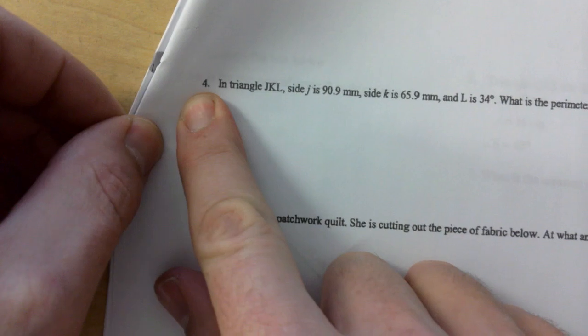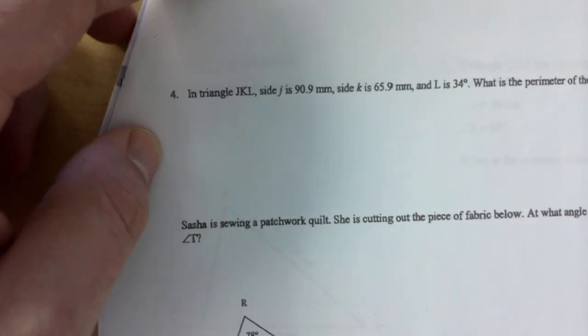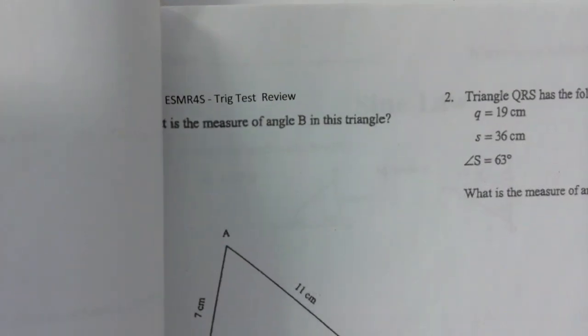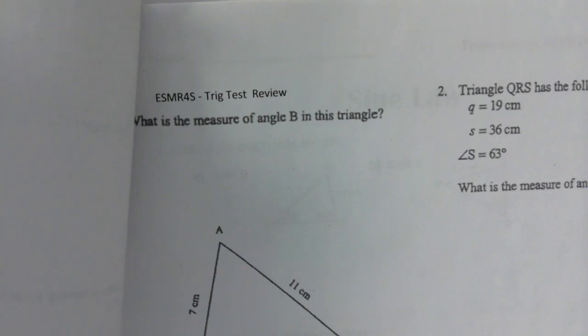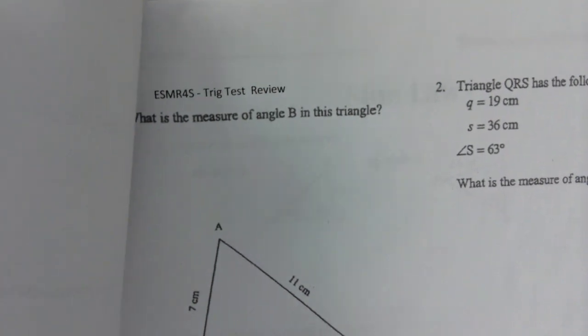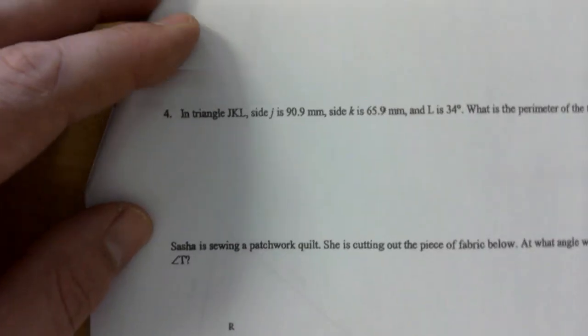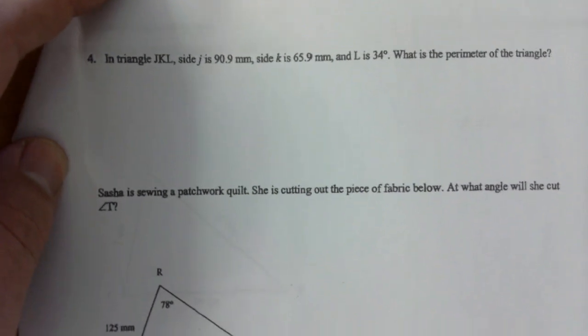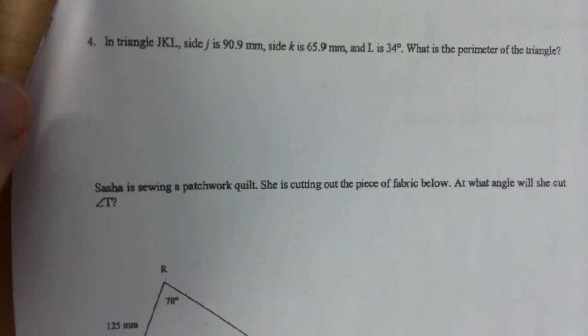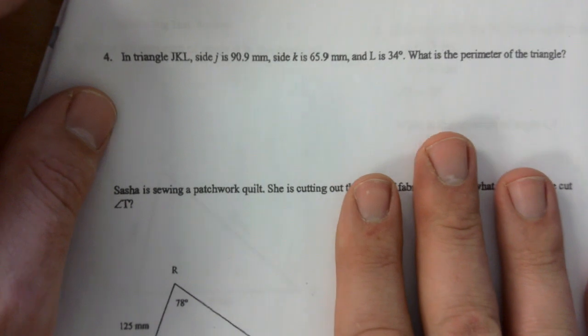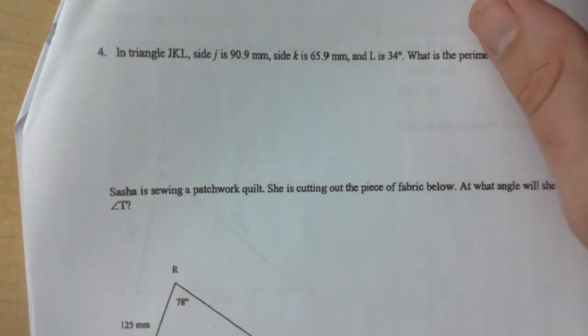So the order is slightly off. You find the trig test review, it has those questions in the front, and then you go back a page to continue from there. I will post the answer key to this right after we dismiss.